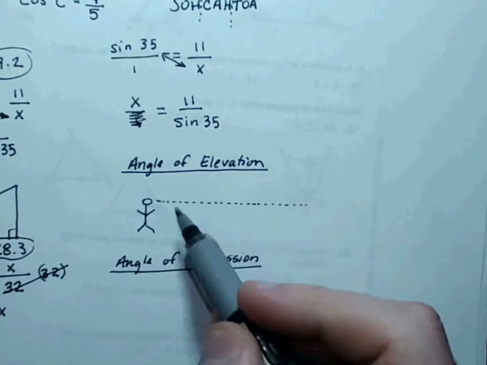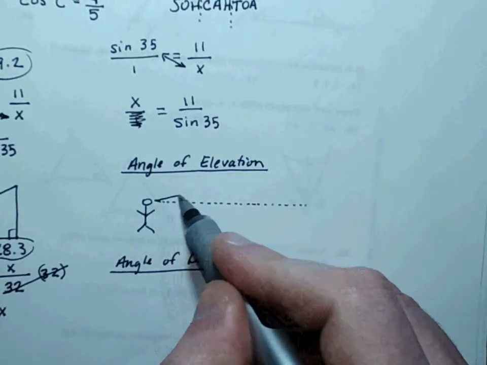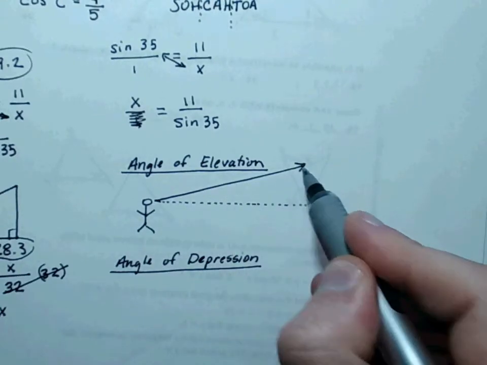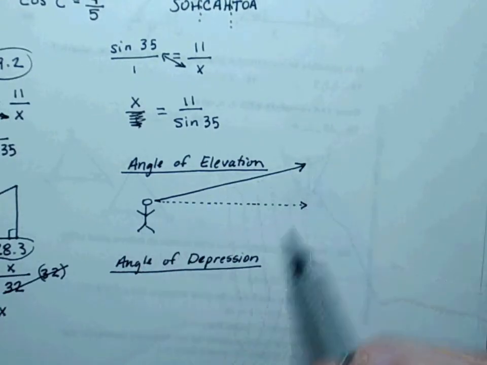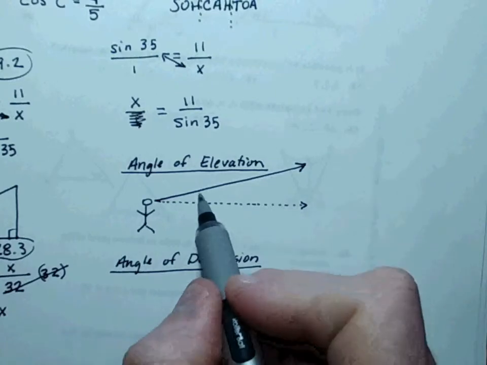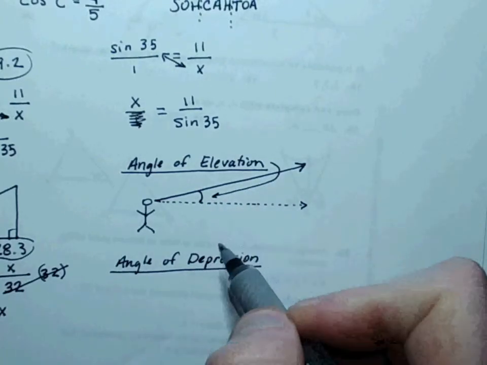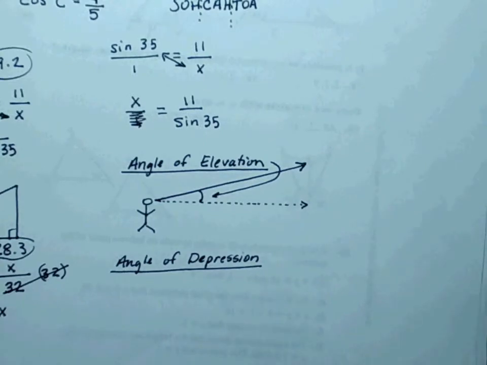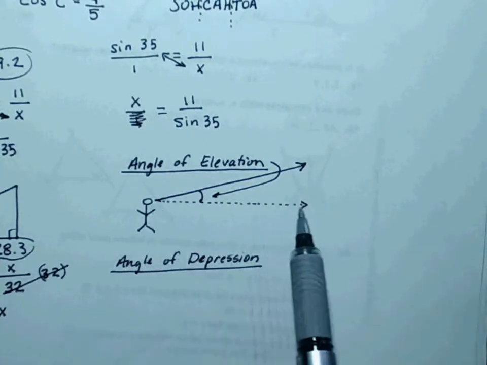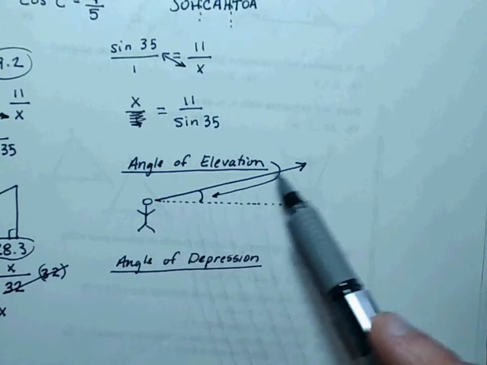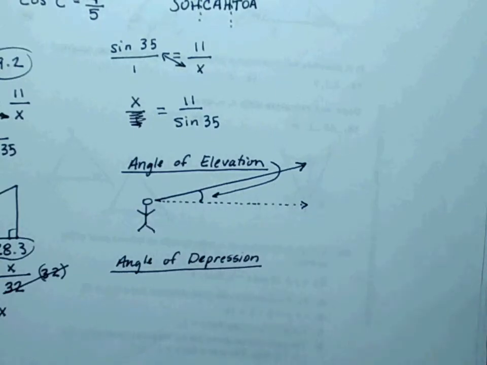If he were to tilt his head up and look up, like so, that would be an angle of elevation. That right there is our angle of elevation. Right? The angle of elevation is the angle that is made by the horizontal line of sight and your actual line of sight if you're looking up.